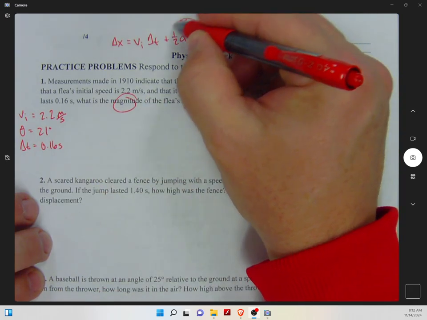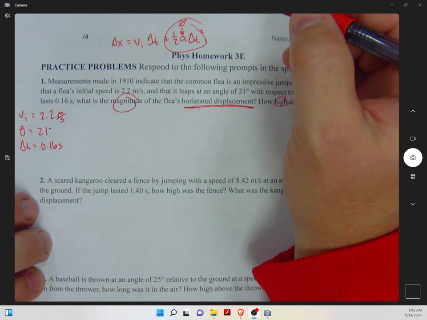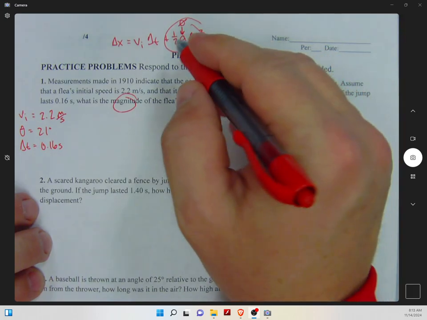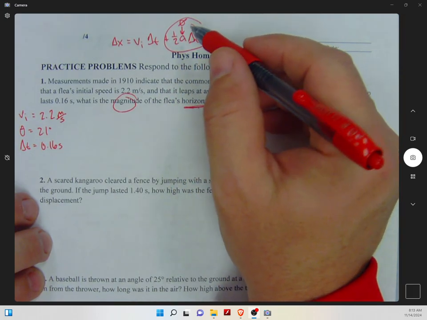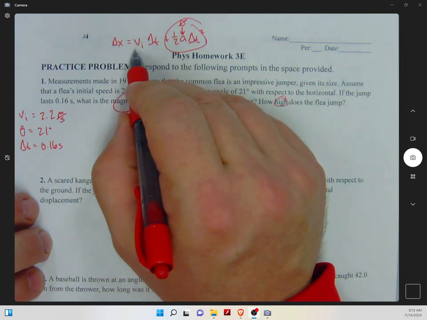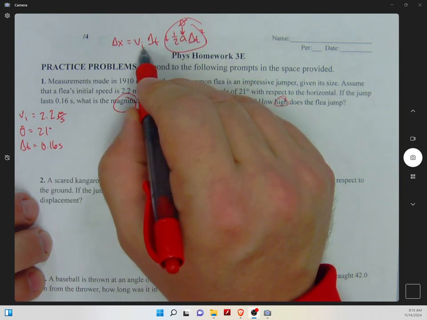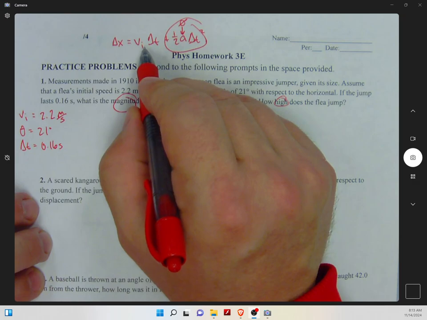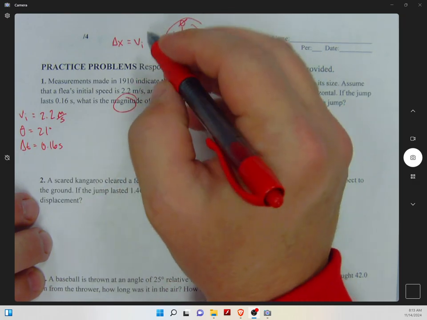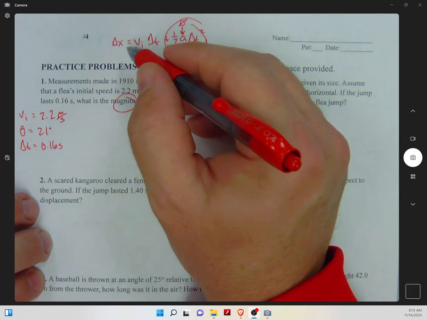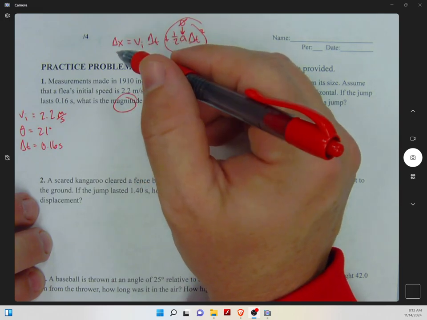So I can actually get rid of this entire second part of the equation, because anything multiplied by 0 is in fact 0. So I'm left with this part. However, I'm only considering the horizontal portion of the displacement.